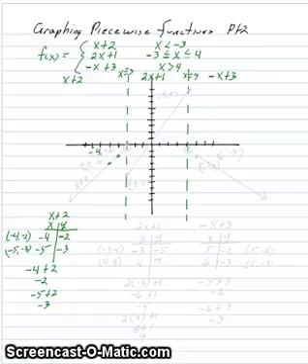So -4, -2, -5, -3. Label those 2 points. Take a straight edge and there's my function, or my expression, graphed x plus 2.